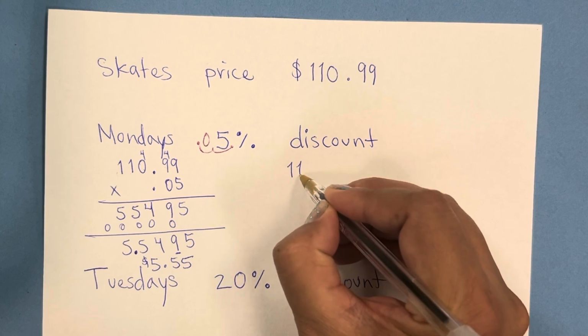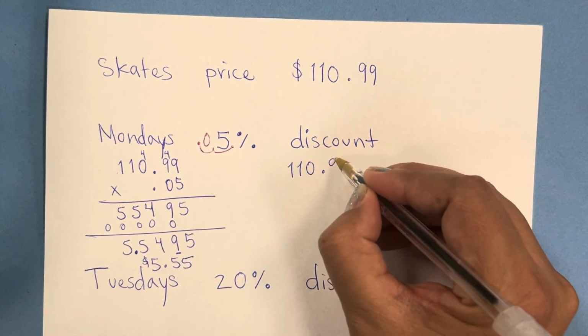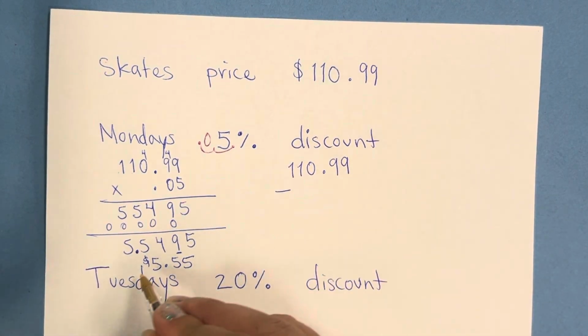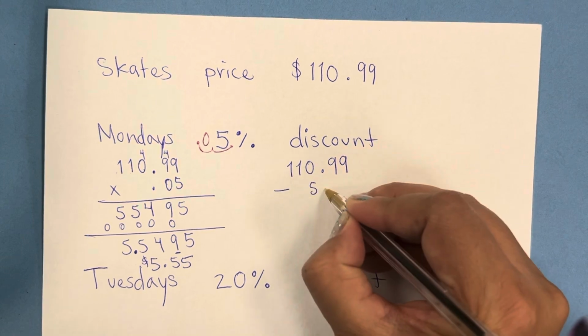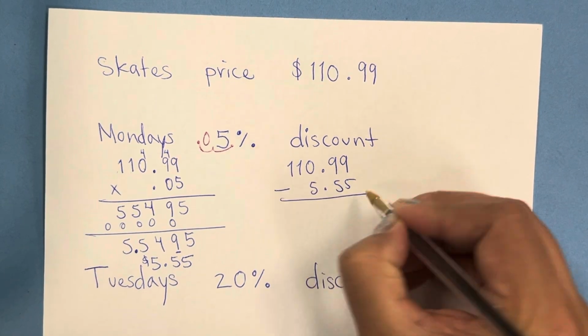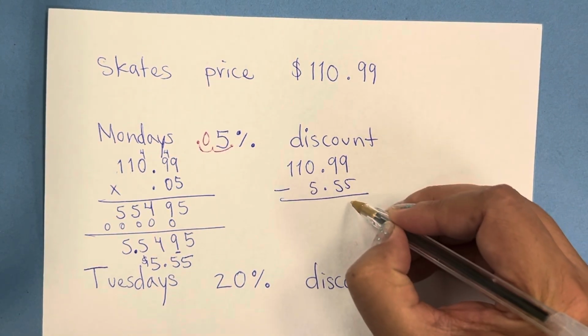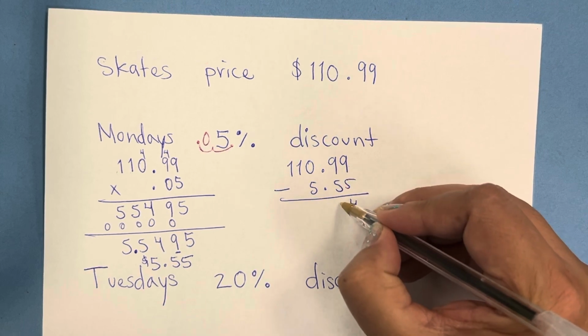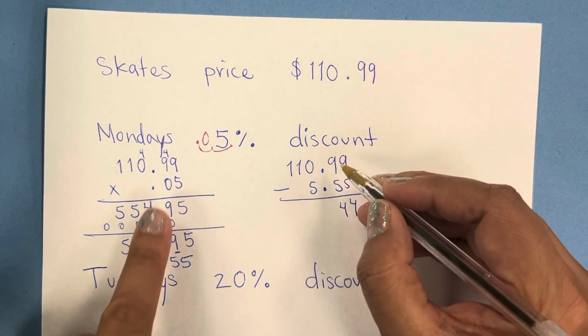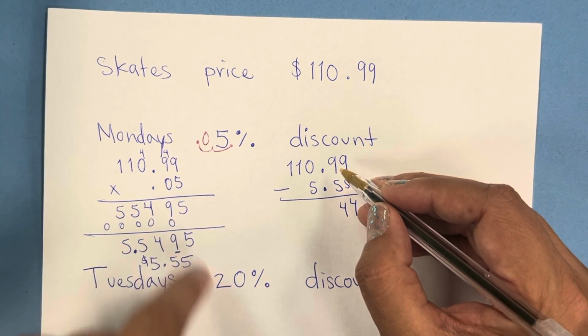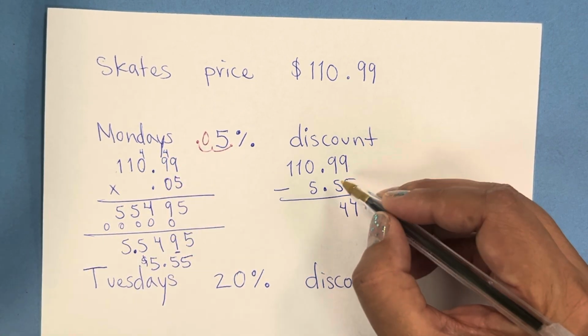So from the total price, which is $110.99, I subtract $5.55, and then I subtract 9 minus 5 is 4. 9 minus 5 is 4. Oh, one thing, in multiplication, we add all the decimal places.